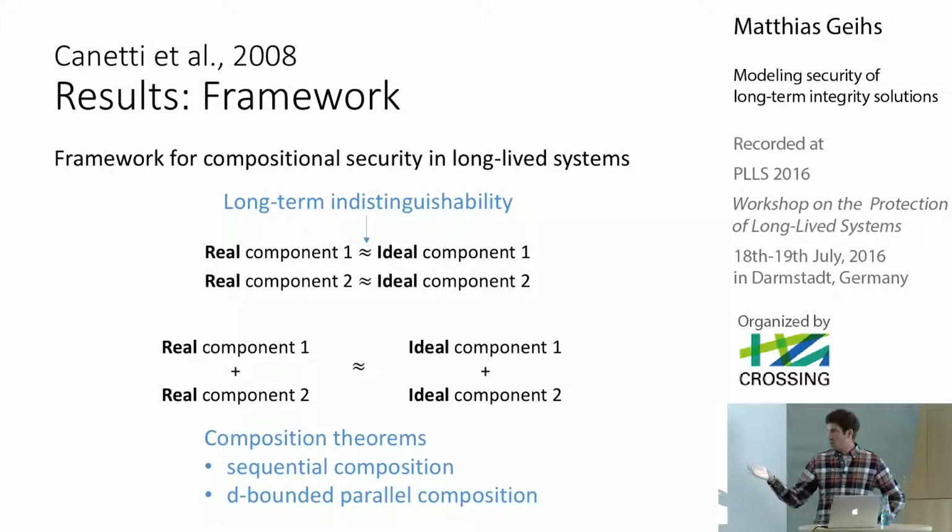Especially they have sequential composition, meaning that components that run after one another can be composed without problems while maintaining the indistinguishability notion, and also a certain number of parallel components can be composed maintaining the indistinguishability.